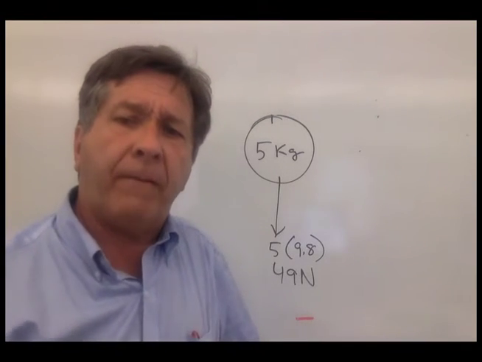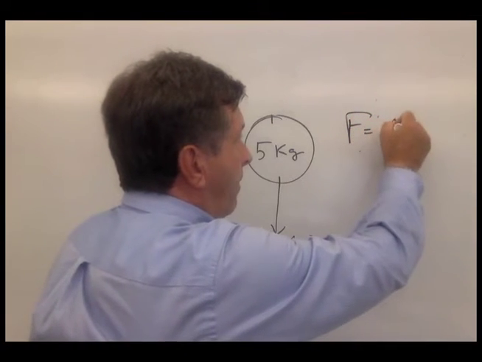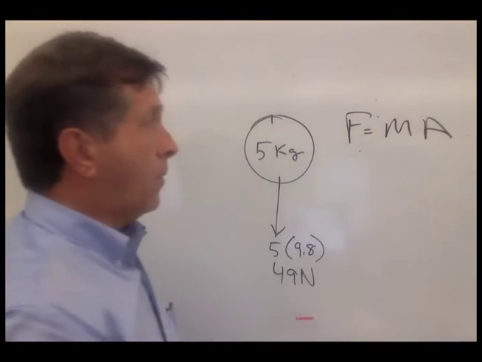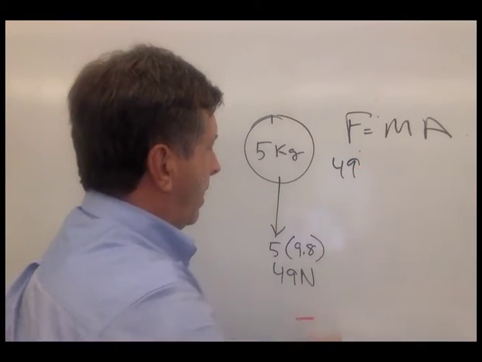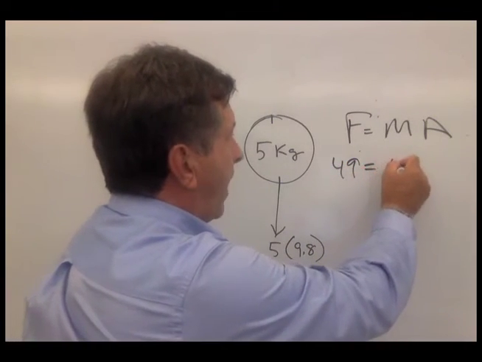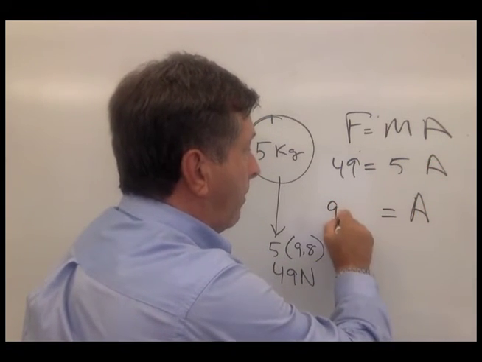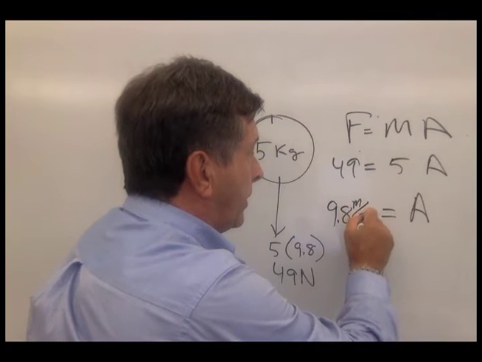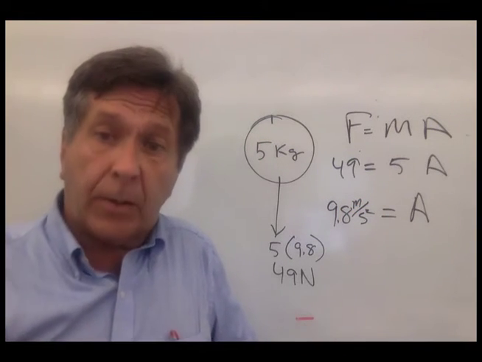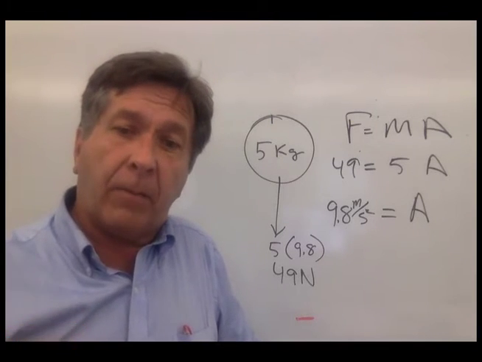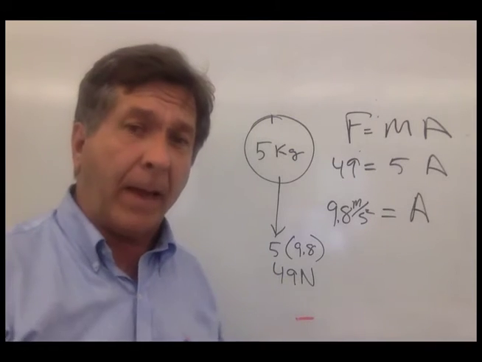Now, if we go to F equals ma, we see the force, which is 49, equals 5 times a. The acceleration equals 9.8 meters per second squared, which is the gravitational constant. So it's always going to turn out that way. The acceleration will be the gravitational constant, no matter what the mass of the object was.